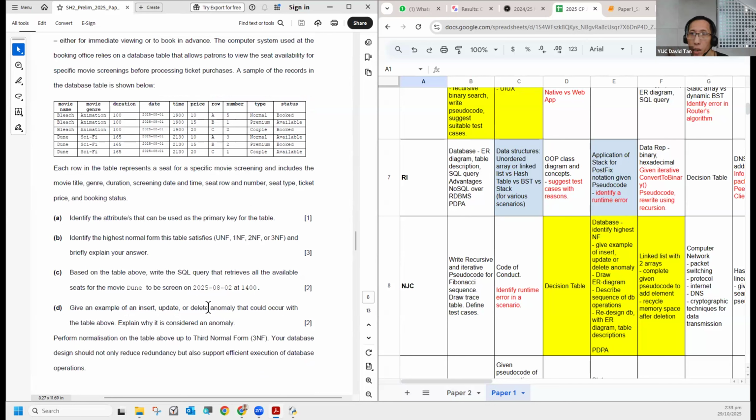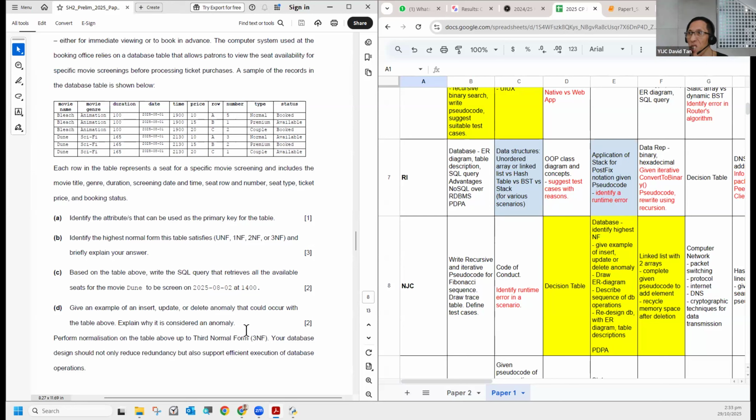Our prelim question required you to know all of them, and give a specific example of why it is an insert anomaly, why it is an update anomaly. So please refer to our prelim questions.